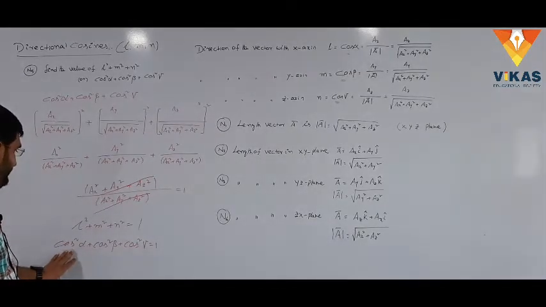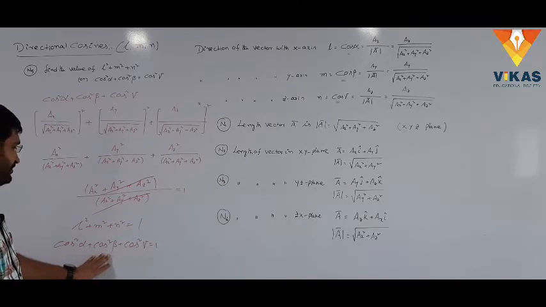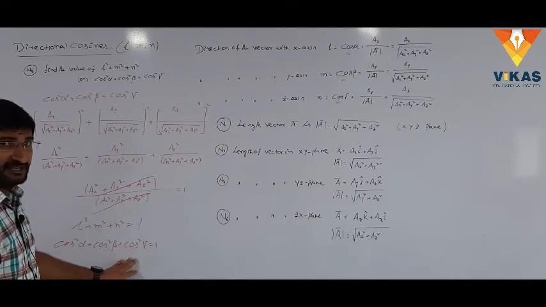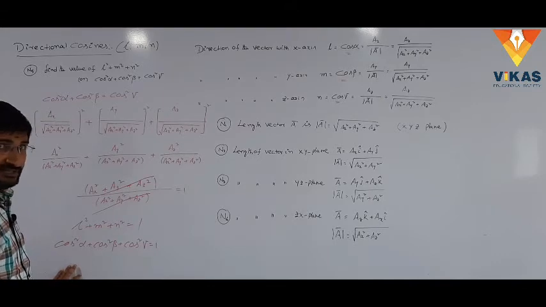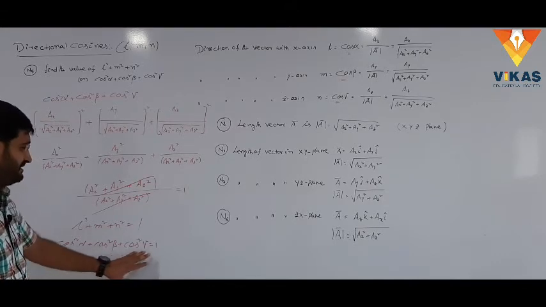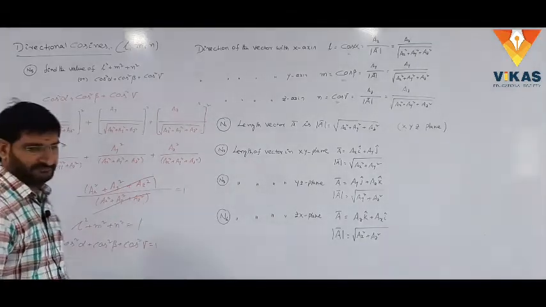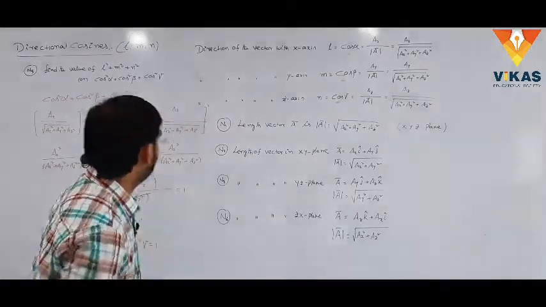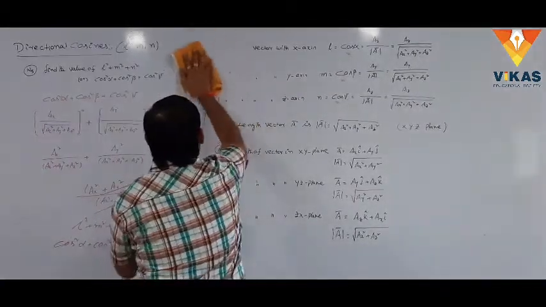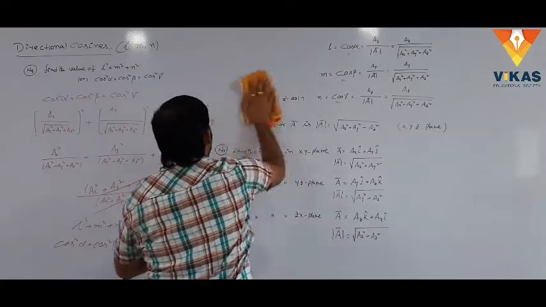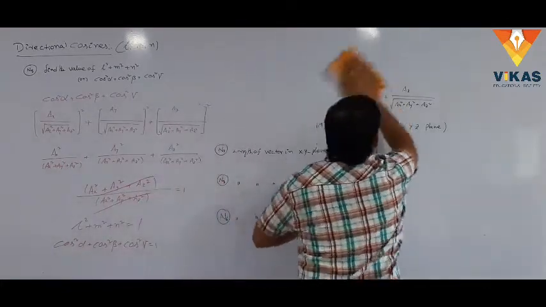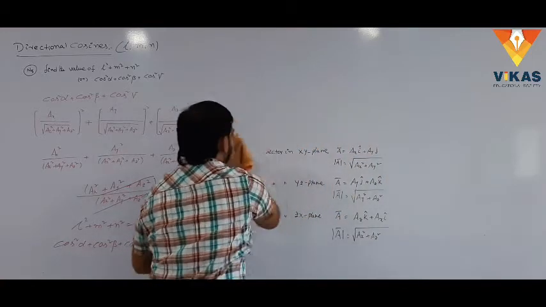The first directional cosine is cos alpha, the second is cos beta, the third is cos gamma. The sum of the squares of the directional cosines is 1. One more important note is a question previously asked in different competitive exams.